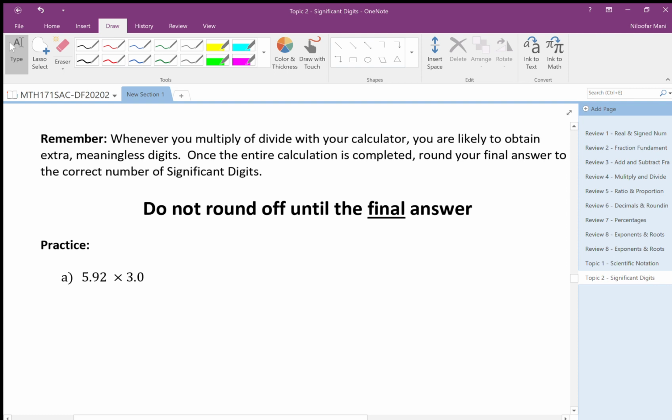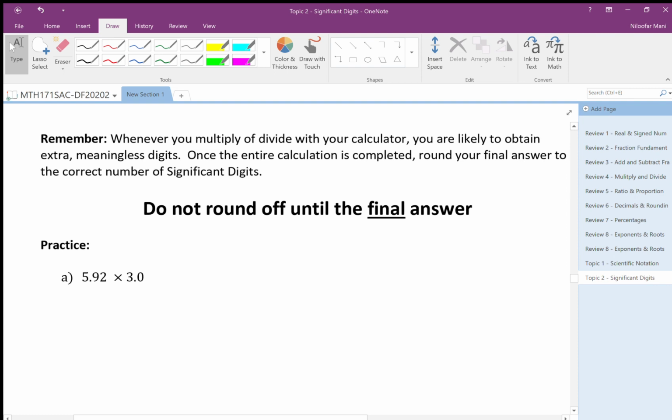So remember, when you are working with numbers in multiplication and division and even addition and subtraction, as I said, you have to round just the final answer. Don't round the first step, because sometimes students add and then round and then multiply and then round and then divide and then round, round and round for each step during the process. That's wrong. You have to round at the end.